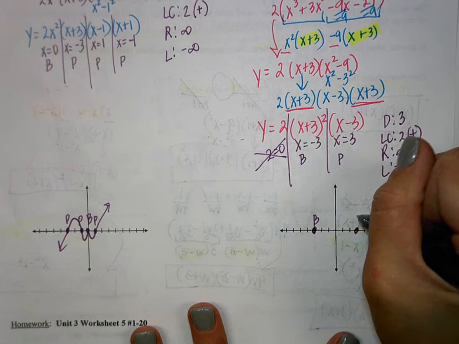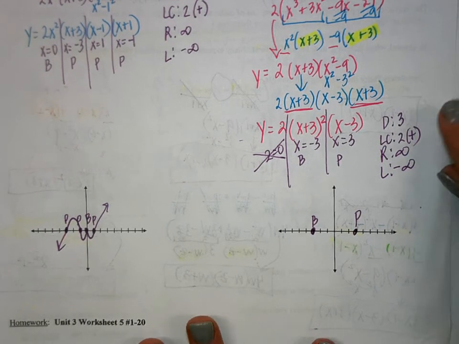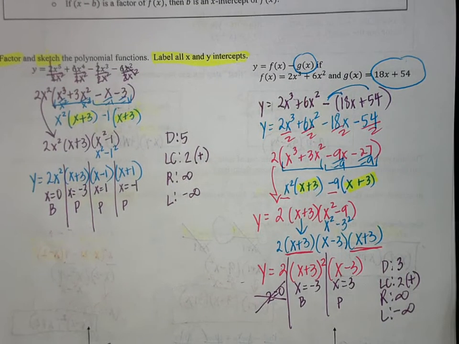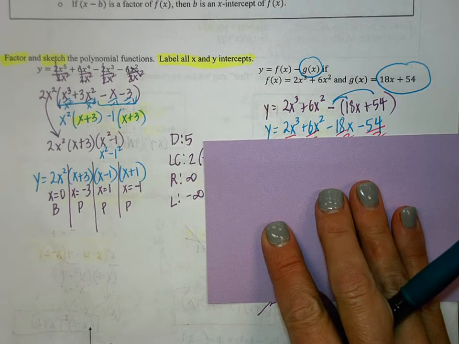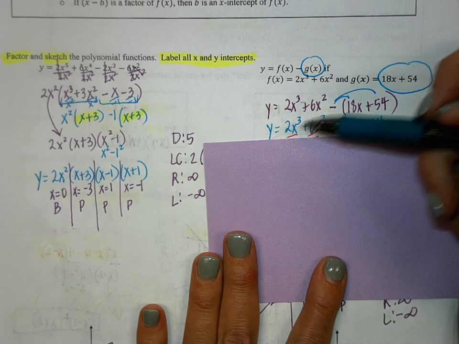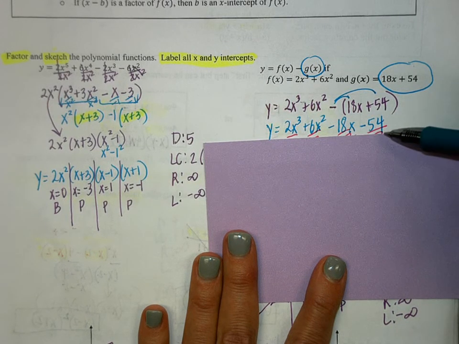And I notice I do not have a y-intercept. How do I find it? Plug in 0 for x, solve for y. Okay? If you go back to this original problem, you can do it at any point. This is, right here, is really the easiest. This will make a 0. This will make a 0. This will make a 0, and this makes a, what's my y-intercept?